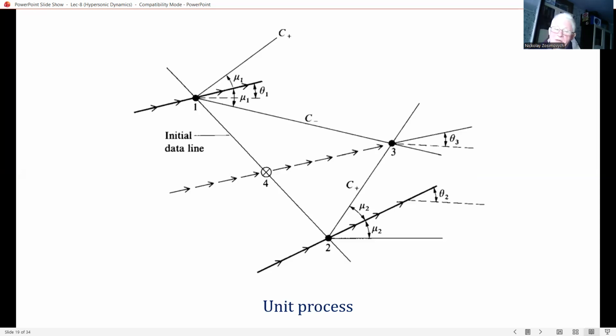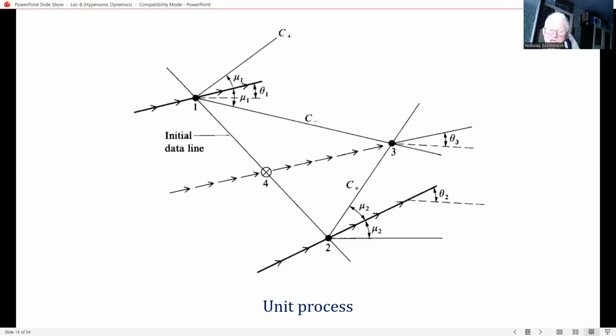From the known Mach numbers, and hence the known Mach angles mu 1 and mu 2, at these points we construct the left and right running Mach waves. In our case, we designate them C plus and C minus, respectively, at both points, as shown in this slide.